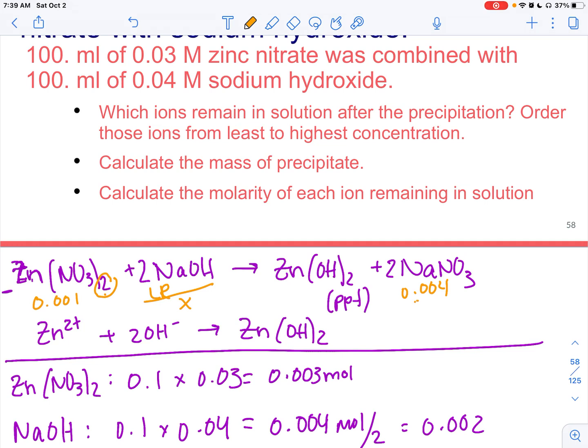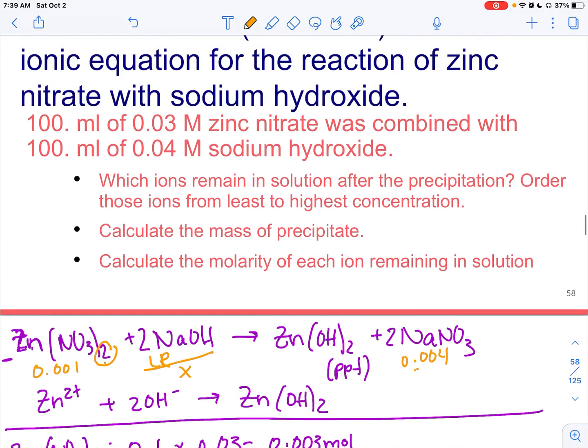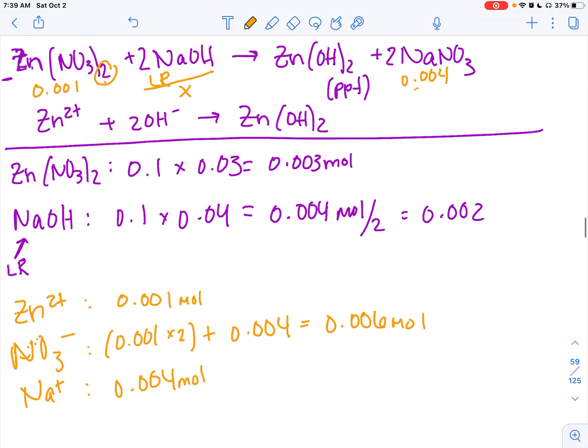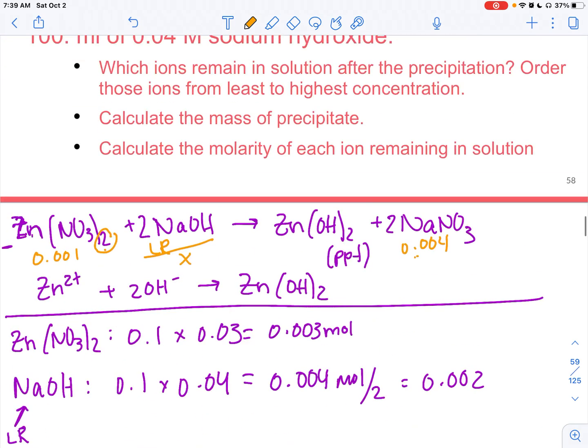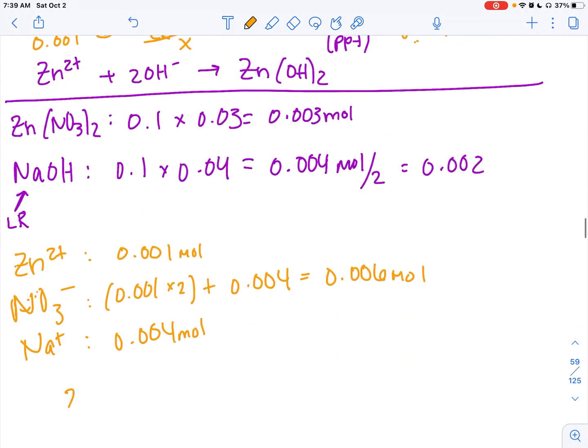So here you wouldn't have to divide by the liters because you're going to divide by the liters for each one of them. So from lowest to highest, we would do Zn2 plus and then Na plus and then NO3 minus.